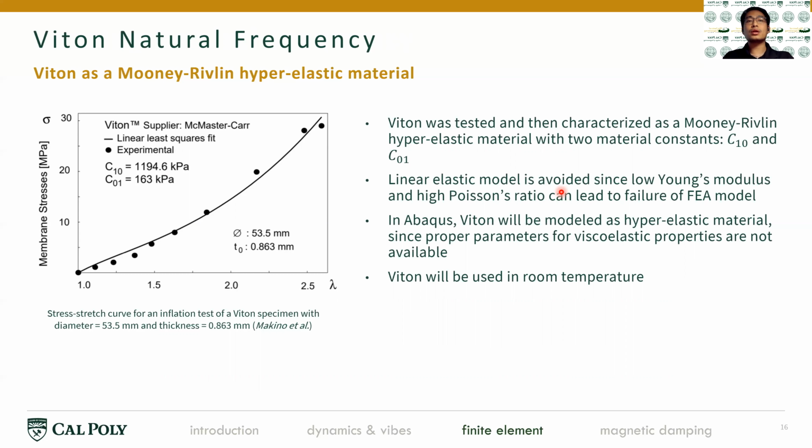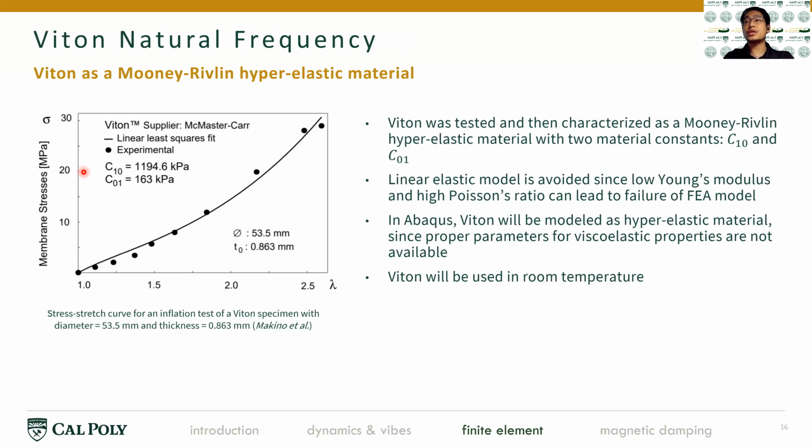And they studied the hyperelastic characteristic of this material to characterize it as a Mooney-Rivlin hyperelastic material. So these data points will help plot the curve, and the least square fit for these data points helps extract the 2 constants, C10 and C01.